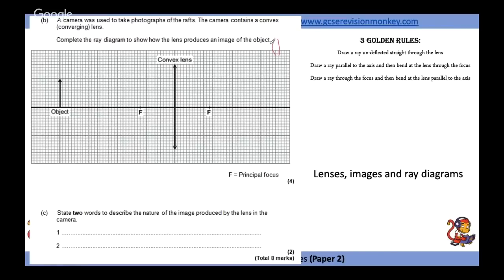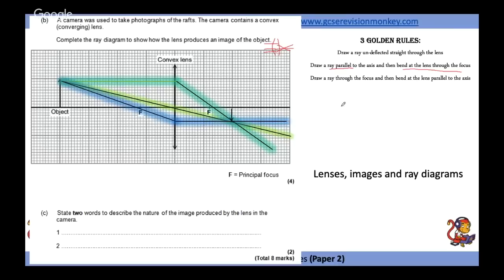I'm expecting it to make the rays come together, okay, from the previous slide. So draw one ray straight through the middle of the lens. The next one goes parallel to the axis and then bends at the lens through the focus on this side. So parallel to the axis, through the focus. Should I need to, I can draw one on this side as well. So through this focus on this side, then parallel.